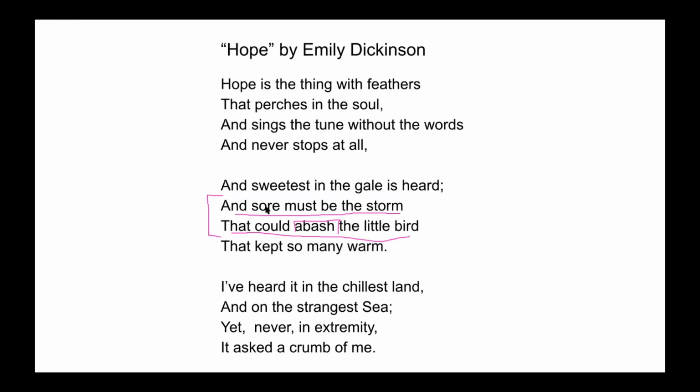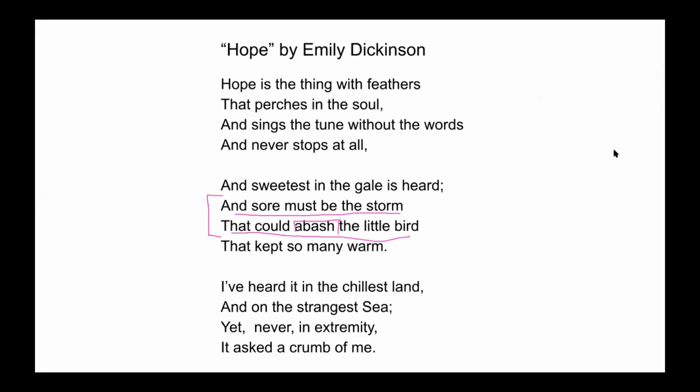And so I'm seeing that it says storm must be the storm. So I don't think it would be that dramatic an event. It doesn't necessarily mean that it really has to be that bad of a storm.